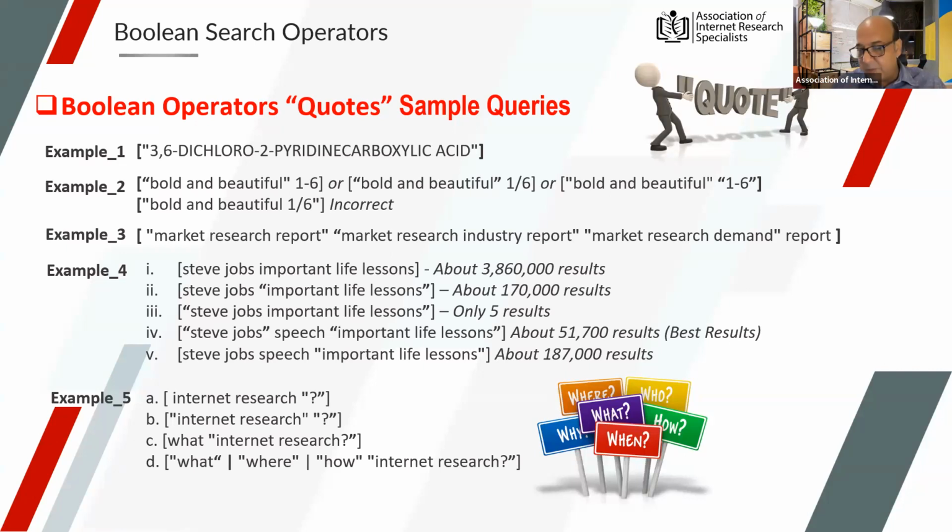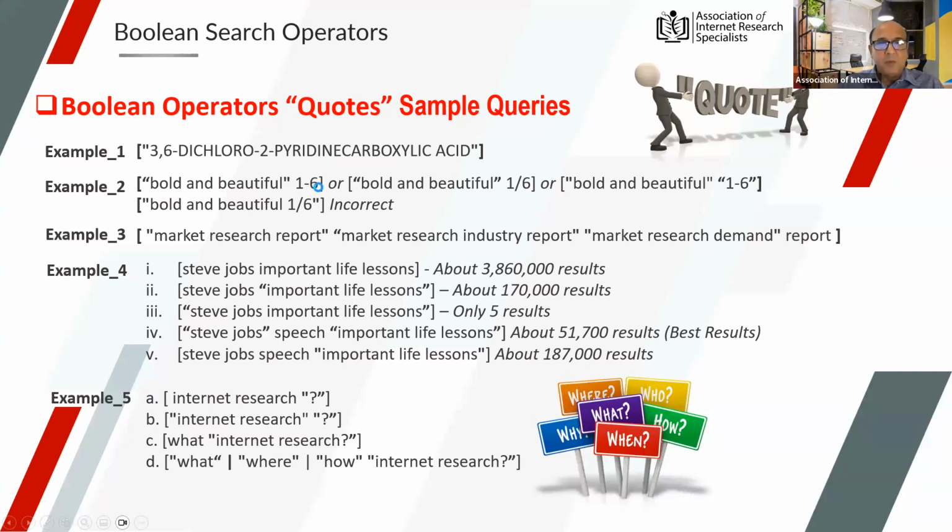I would just call it an assumption database for now, because it might not be your intention to look for what the search engine wants to connect it with. So there could be a disconnect there. But however, in this case, what I'm explaining is that when I put Bold and the Beautiful and I use 1-6, it is going to assume that you're talking about season 1 and episode 6.